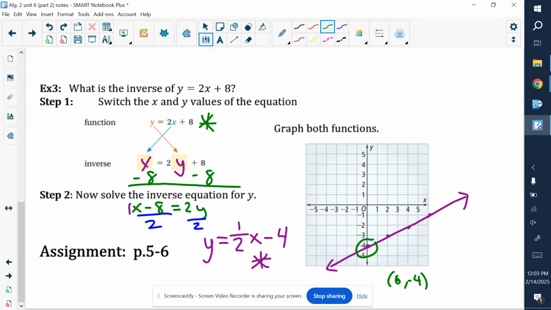So if that's the case, then my original function would have the coordinate negative 4, 0. And I can use my slope of 2 to go from there. Up 2 over 1. Up 2 over 1. Up 2 over 1. And notice if I kept going, I would get to that 8.